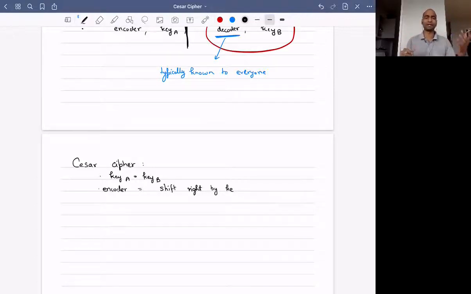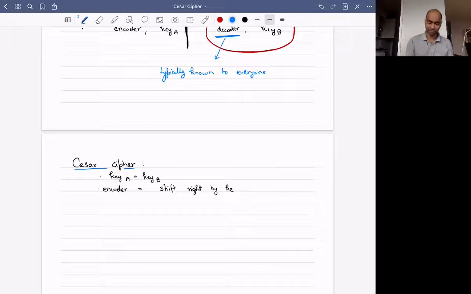So this is already a problem in the Caesar cipher. The two parties need to have a common key between them. And this raises a meta question. How are they going to communicate that key? What if there's an eavesdropper while that communication is taking place?